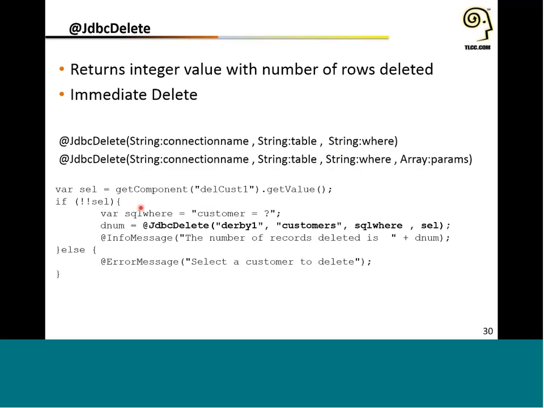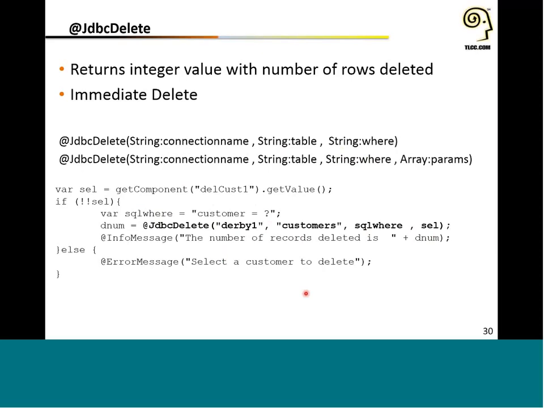So in this case, we're getting a component of some sort that the user selected or typed in the name of a customer. And we have our SQL string, customer equal question mark. And we have our JDBC delete, specifying the name of the table. Here's our SQL string that we specified here. And here's the actual name of the customer we want to delete. This will return the number of records deleted.